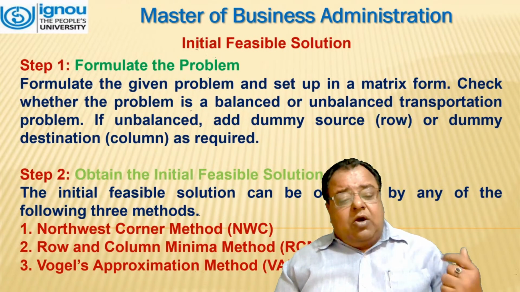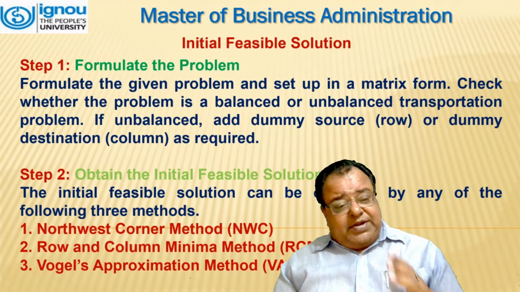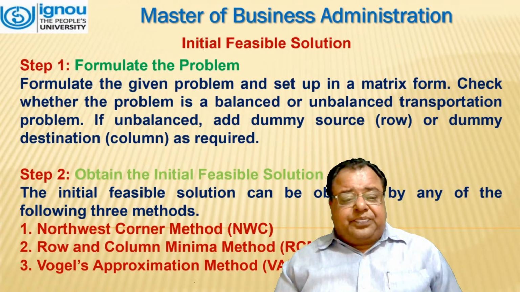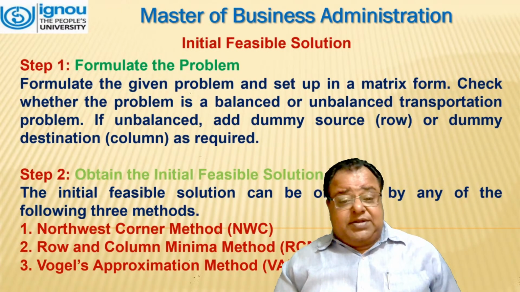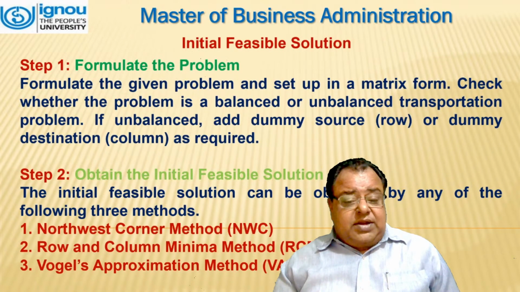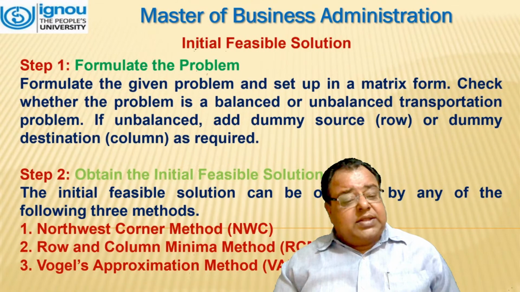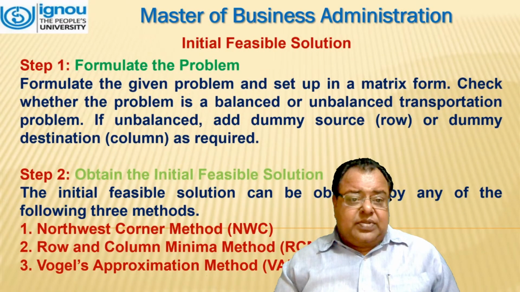Second step is to obtain the initial feasible solution. For obtaining this, we have three methods. First one is the northwest corner method, that is NWC. Second, the row and column minimum method, that is RCMM. And the third one is Vogel's approximation method, that is VAM.